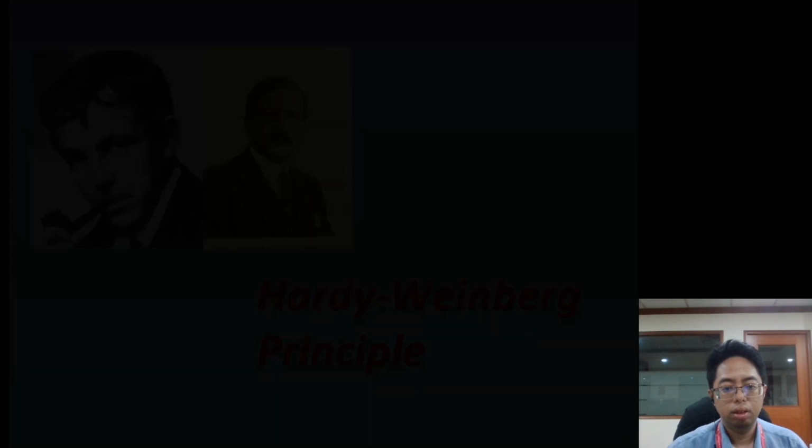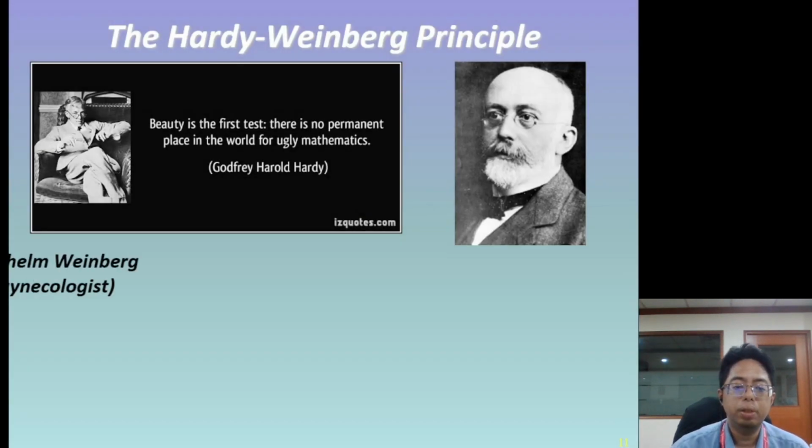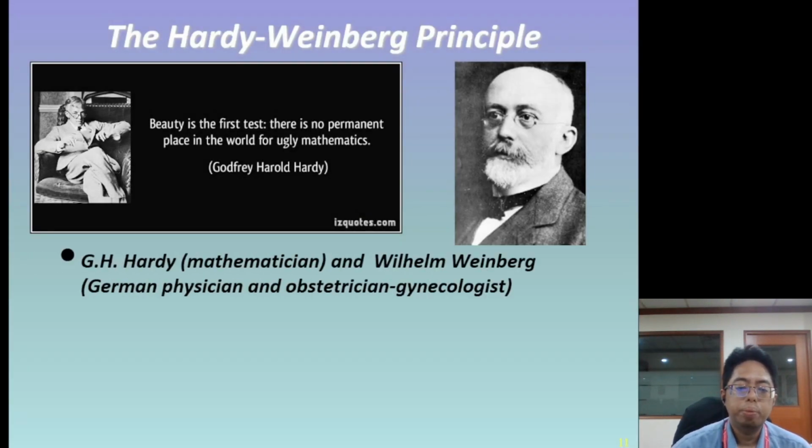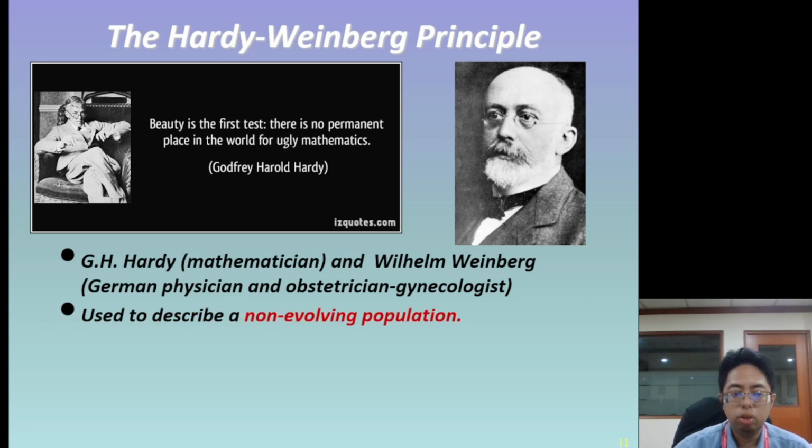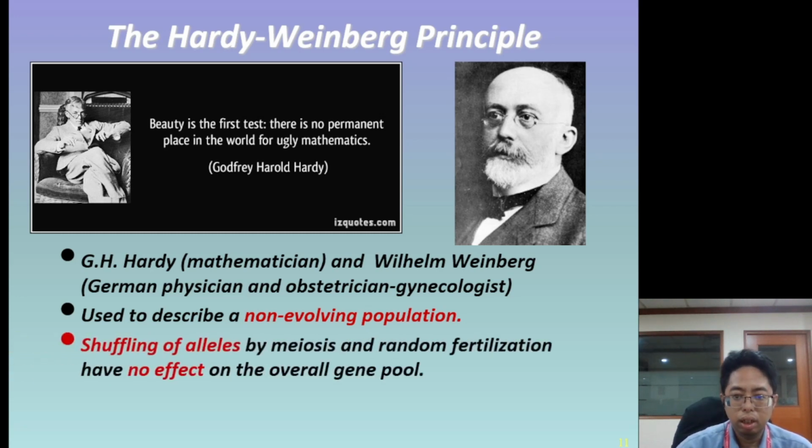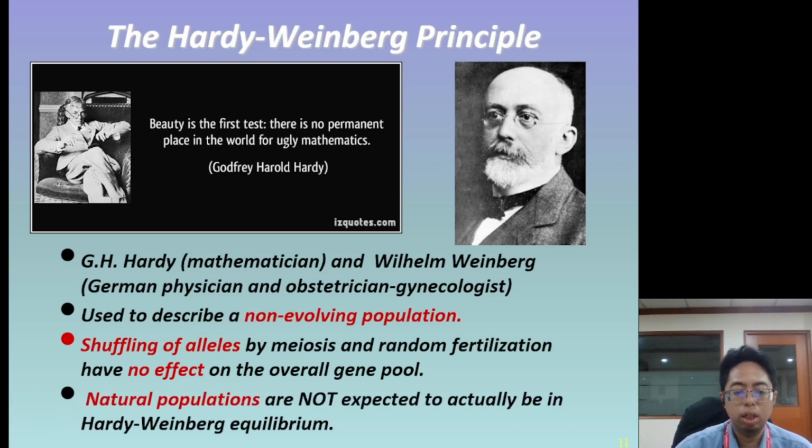Hardy-Weinberg principle. The Hardy-Weinberg principle was made by two people, G.H. Hardy, a mathematician, and Wilhelm Weinberg, who is a German physician and obstetrician gynecologist. The Hardy-Weinberg principle is used to describe a non-evolving population, and it also shows that the shuffling of alleles by meiosis and random fertilization have no effect on the overall gene pool.